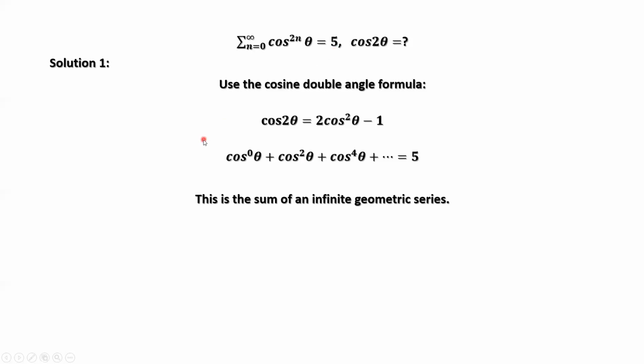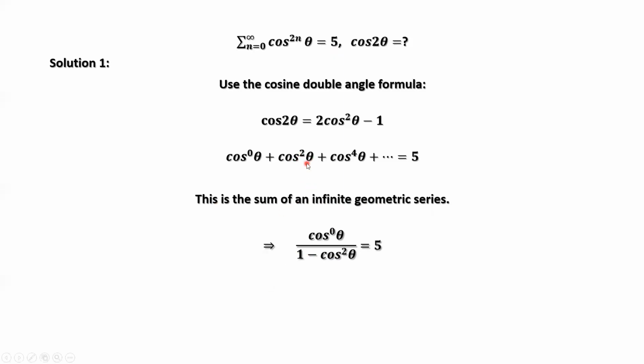Therefore, based on the sum formula for the infinite geometric series, A1, the first term, divided by 1 minus the common ratio. In our situation, the common ratio is cosine theta squared.